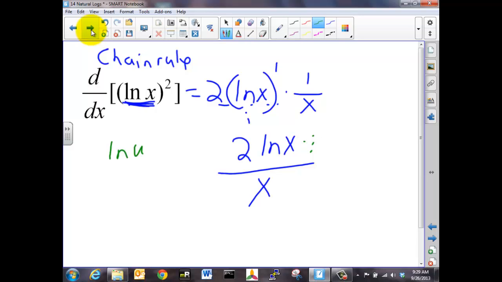That's right. ln of u, the derivative of that, if that's f, then f prime would be 1 over u, or u prime over u, the way you're saying, right? Okay. Now, this is not the ln of u. This is the ln of x. And this whole thing is being squared. If you're doing this on your calculator, you're going to put x in, find the ln of it, press enter, and then square the answer. You're not squaring the x.